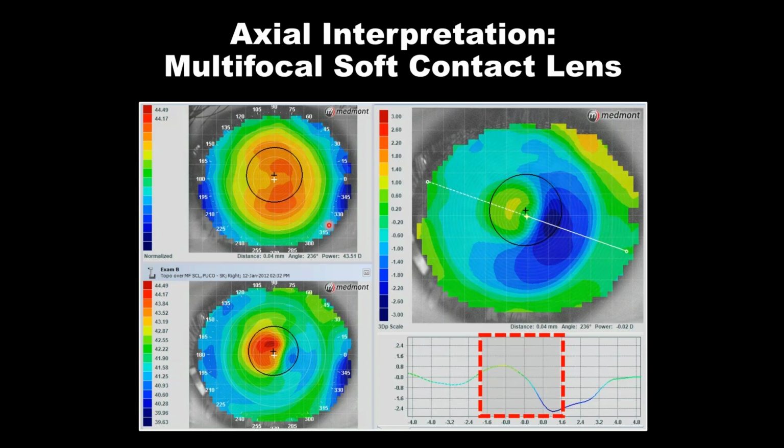So what you have here is the cornea without a contact lens. This is topography over top of the lens, and here we see the powers distributed in relationship to the visual axis, which is the center, and the pupil.